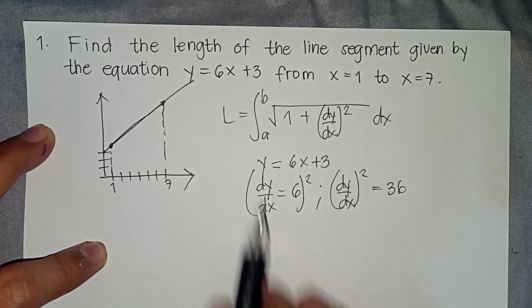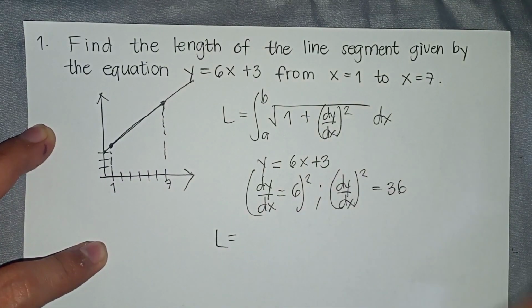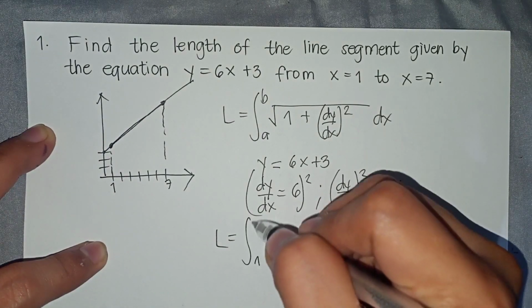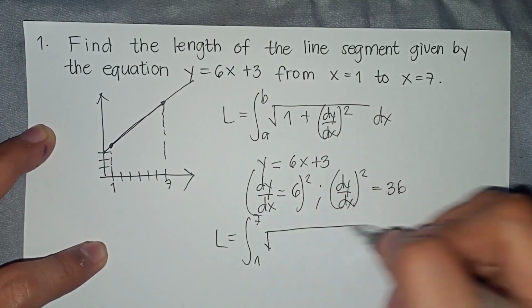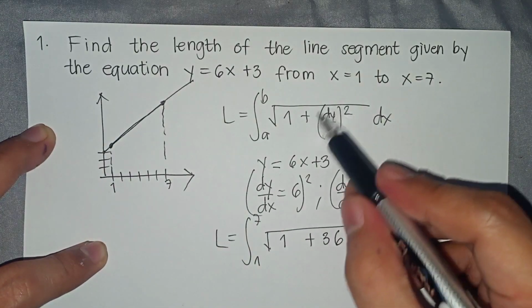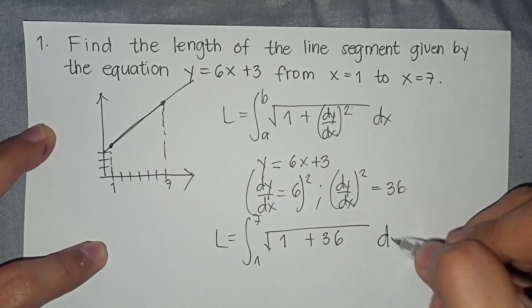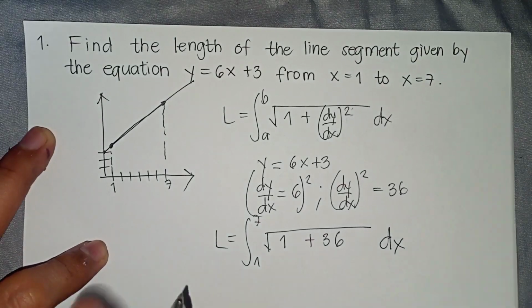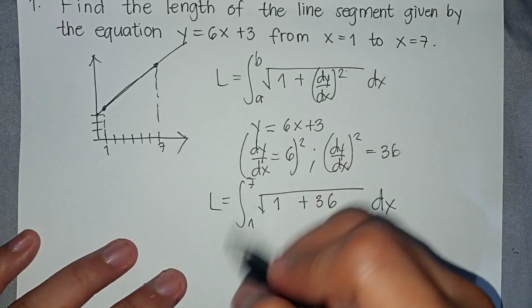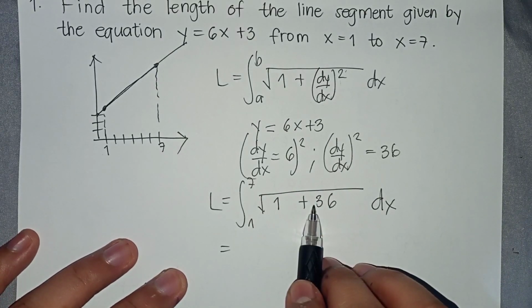So, ang limit ng integration natin from 1 to 7, so ito yon. So, length is equal to integration from 1 to 7 square root of 1 plus 36, dahil ito, yung dy over dx squared is equal to 36, no? Times dx. Okay, so pag in-evaluate natin ito, so ito ay magiging square root of 37, di ba?